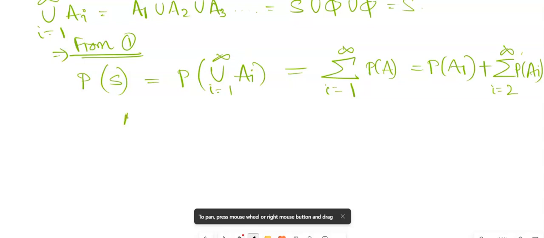As in our case we have mentioned that A1 is my sample space and A_i for all i greater than or equal to 2 is my null set.